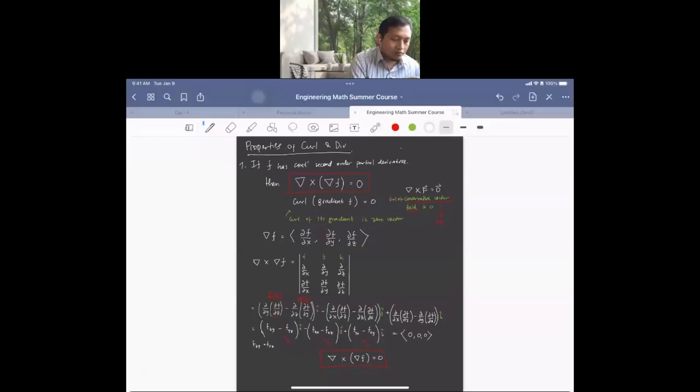The second property is the one with divergence: the divergence of curl f, which is 0.